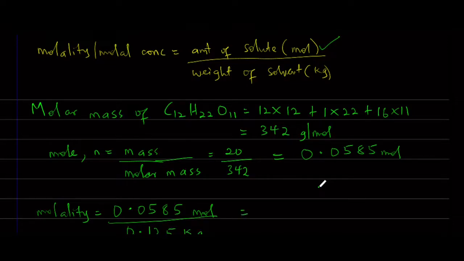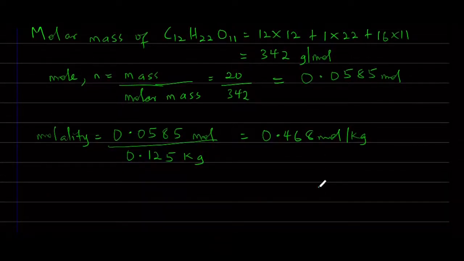So our final answer becomes 0.468 mole per kilogram. Hence, the molality of this solution is 0.468 mole of the cane sugar over kilogram of water.